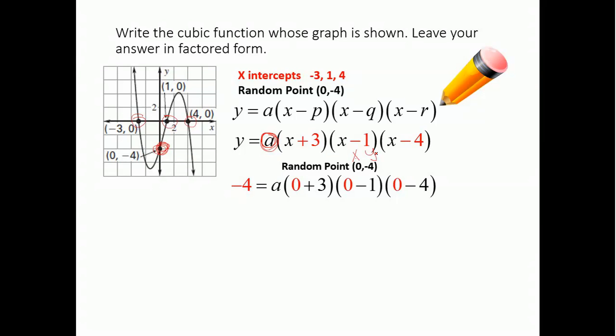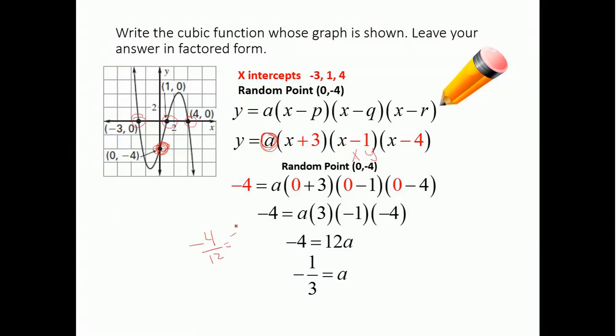Now it becomes a simplification problem. So let's add each of the parentheses together. So I get a 3, a -1, and a -4. Then multiply everybody together. I should get 3 times -1, that's -3, times -4. We should get positive 12, right? Still solving for a though, so divide by 12 it looks like. I'll get -1/3, right? Because if I divide by 12, I get -4 over 12, which is -1/3.